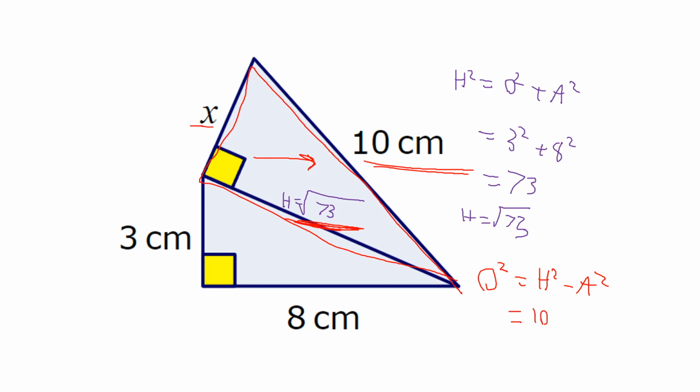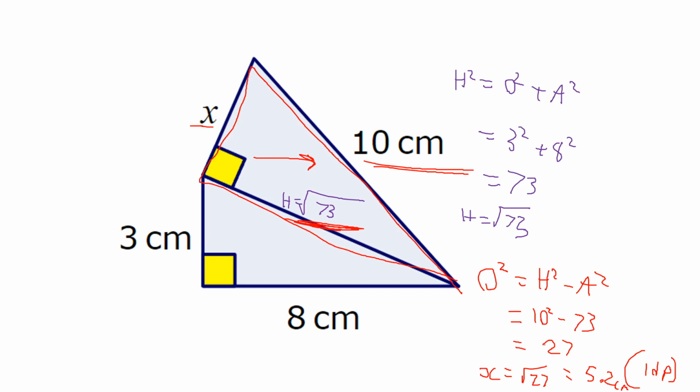So we're left with 10 squared minus 73, which is equal to 27. So then x is equal to the square root of 27, which is equal to 5.2, again to 1 decimal place.